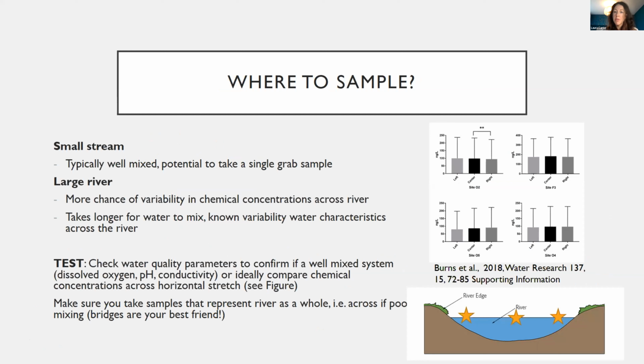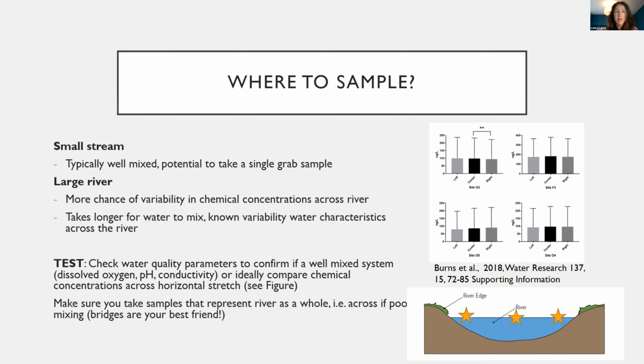There may be a tributary coming in from above the sampling point, or you may get a wastewater treatment outflow pipe upstream, and it takes longer for the water in a river to typically mix. This means it takes longer for your chemical to mix and become this ubiquitous presence in the water.